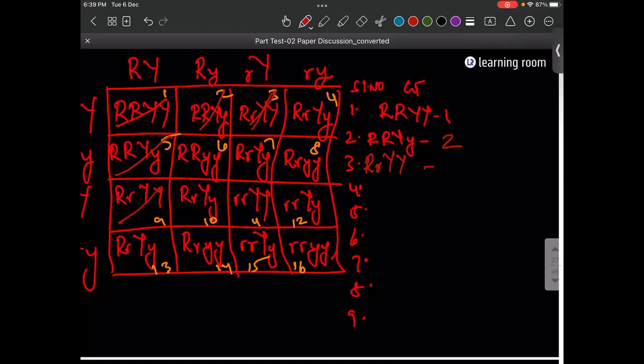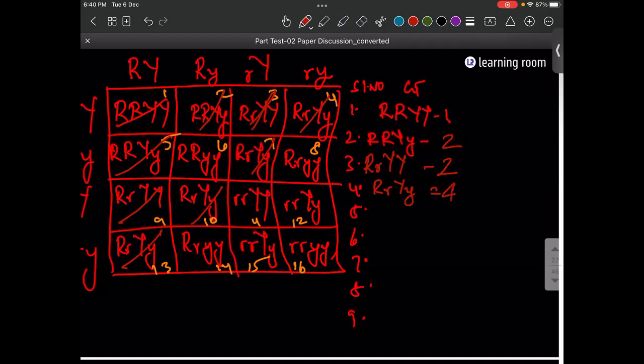How many total? Two. Then capital R, small r, capital Y, small y. How many? 4, 7, 10, 13. So total 4.